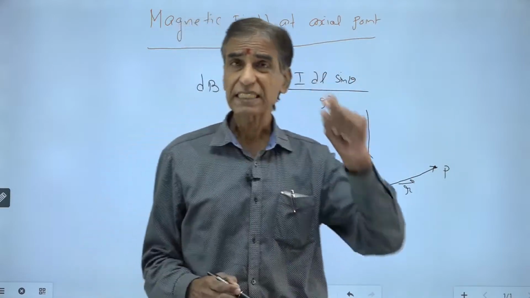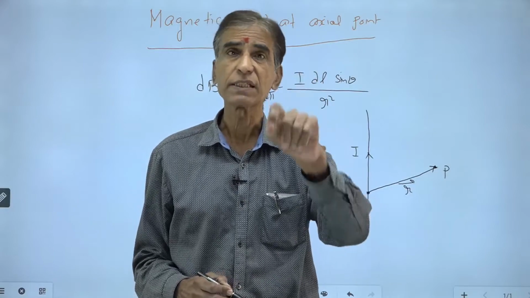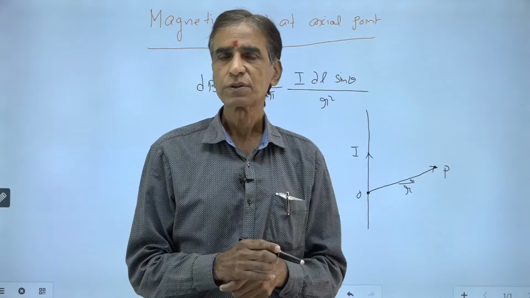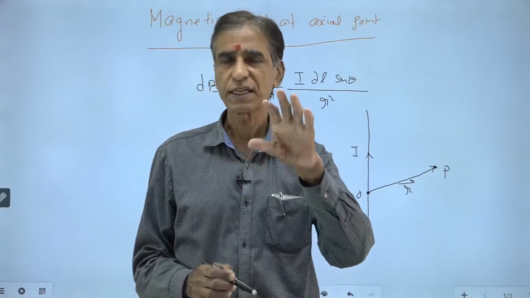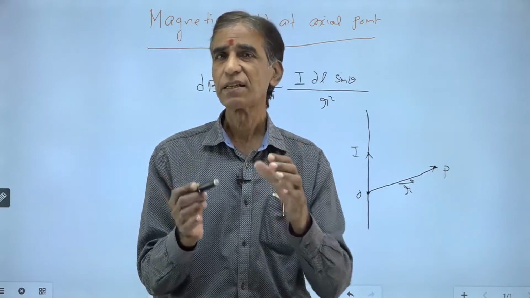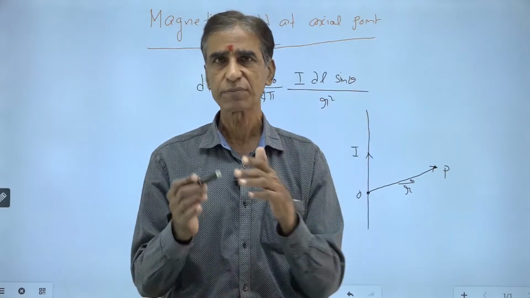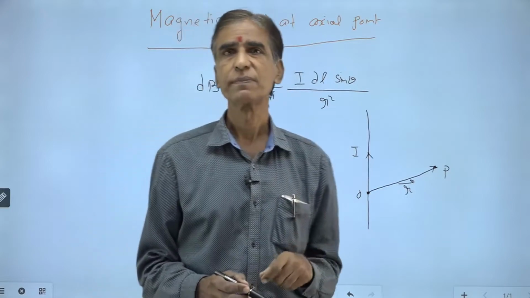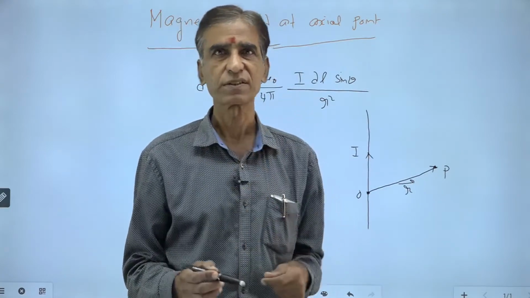So, when you draw that r vector, there must be an origin, that is very important, the reference point must be there. Because when it is a straight conductor, there won't be any issue here, you don't have any problem. But when it is not a straight conductor, when we are talking about circular loops, like the one we are now going to take up, we have to first select where is the origin, means where is our reference point to draw those position vectors, isn't it?